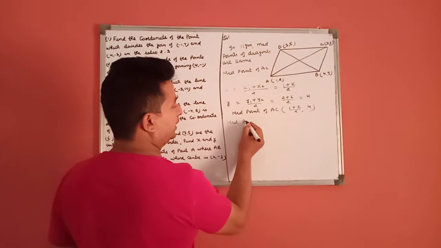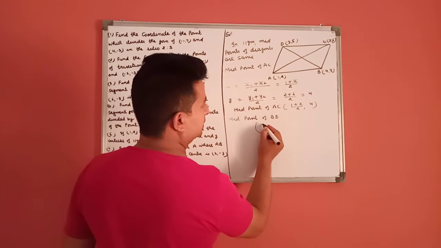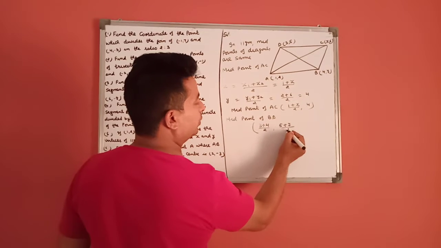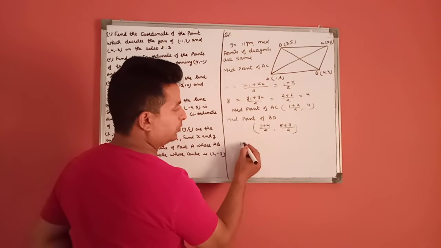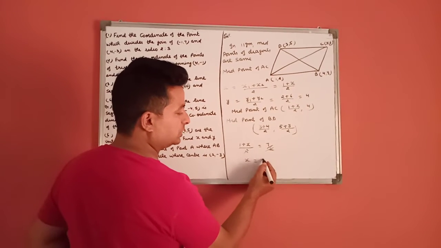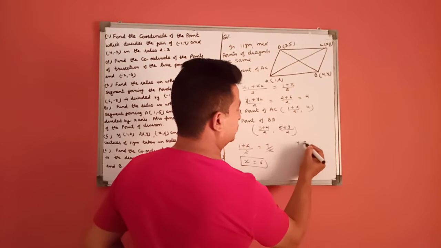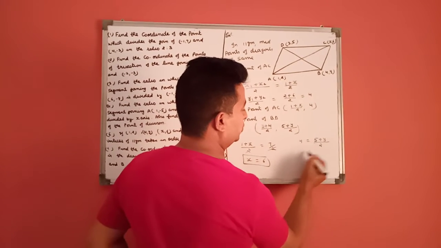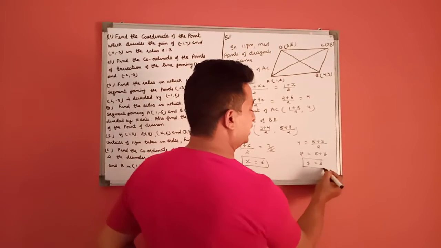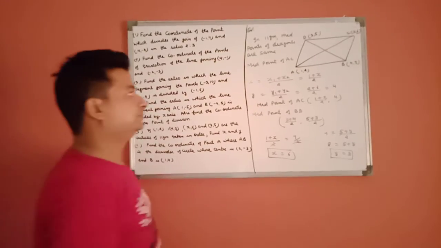Same for the midpoint of BD: (3 plus 4) by 2, (5 plus y) upon 2. As we know, these midpoints are always equal. So 7 by 2 equals (1 plus x) by 2, the 2s cancel out, 7 equals 1 plus x, so x is 6. Also 4 is equal to (5 plus y) upon 2, 8 is equal to 5 plus y, so y is equal to 3. This means the value of x is 6 and the value of y is 3.